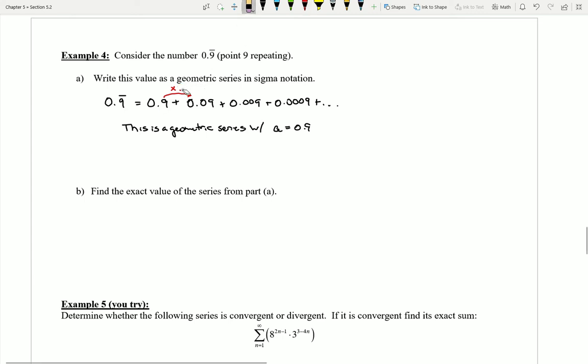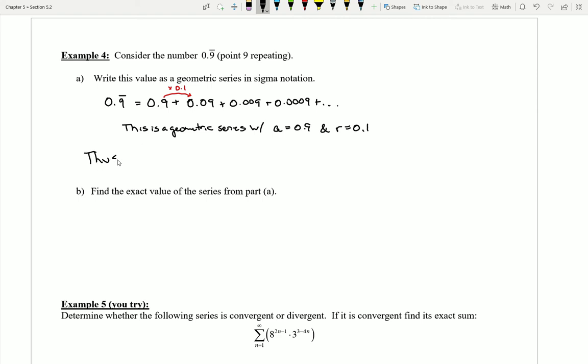So what is it that I need to multiply by to change something like 0.9 to 0.09 or 0.09 to 0.009? Well, I could just be multiplying by 0.1. So I also have r here as 0.1.